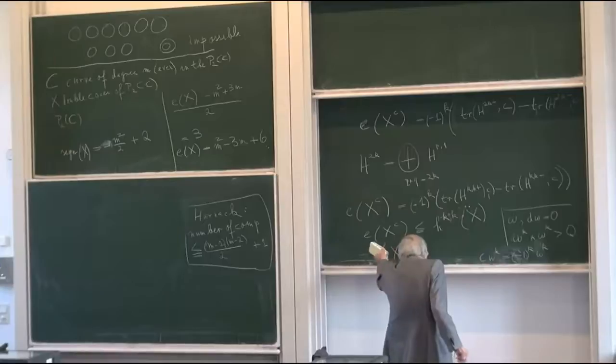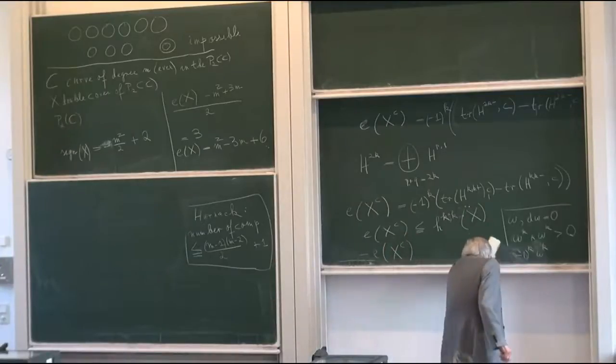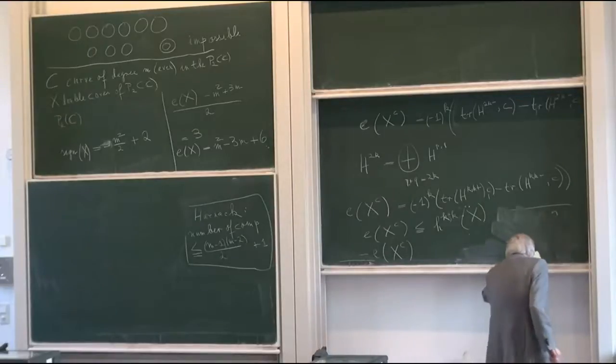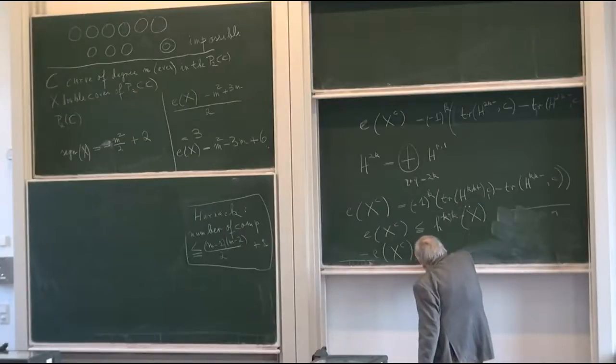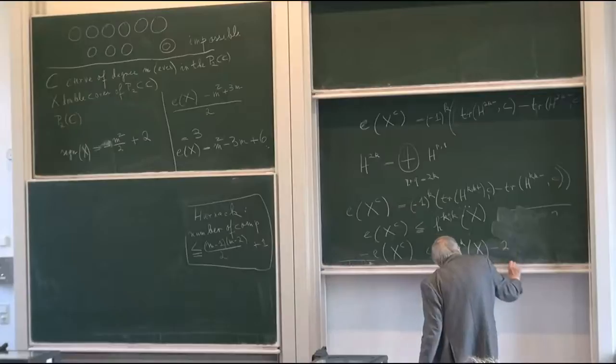This of course is true also for negative Euler number, but rather trivial. So this is less or equal to h^{KK} of X minus 2.